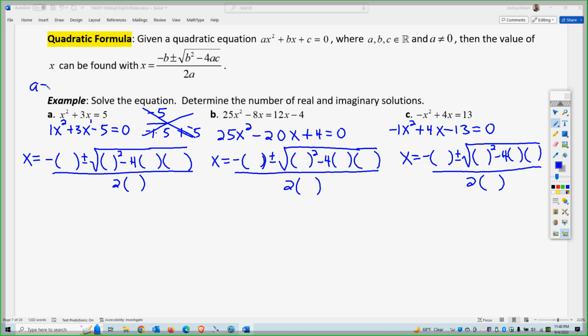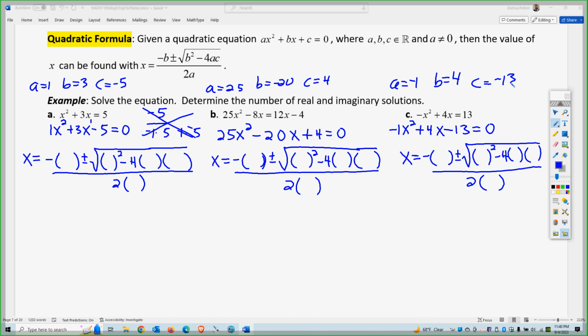Okay, so in each one of these cases, they're in standard form, which means they're in descending order. So A is 1, B is 3, and C is negative 5. A is 25, B is negative 20, and C is 4. A is negative 1, B is 4, and C is negative 13. Okay, so I think we're good here. All right, so I'll plug in the formula.